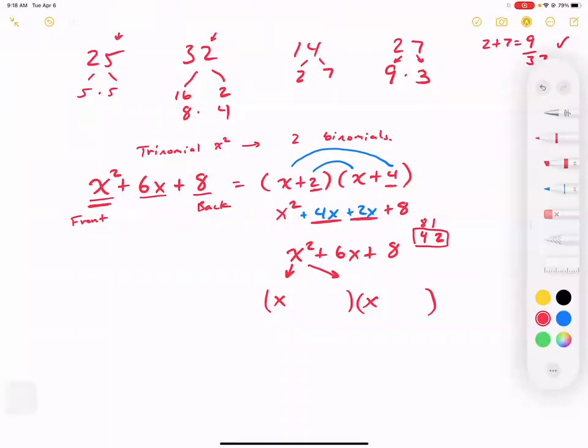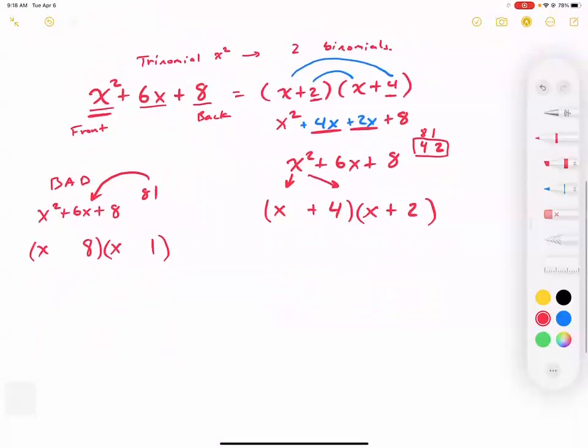If you had chosen 8 and 1, this is the bad one, right? If you wrote x squared plus 6x plus 8, and you chose 8 and 1 instead, let's take a look at what happens. I'm going to put these numbers in the back: x, 8, and 1. Does 8 and 1 add up to become 6?